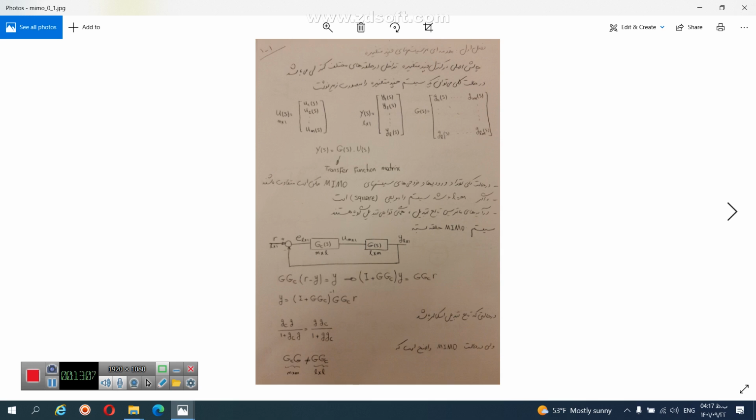Okay, or not? This is side, so means c of s, the dimension is 1 multiplied 1. G of s, the dimension is 1 multiplied 1.